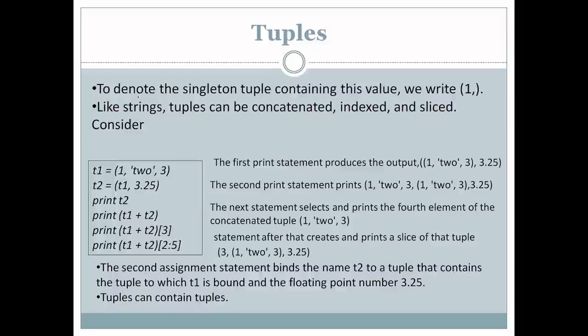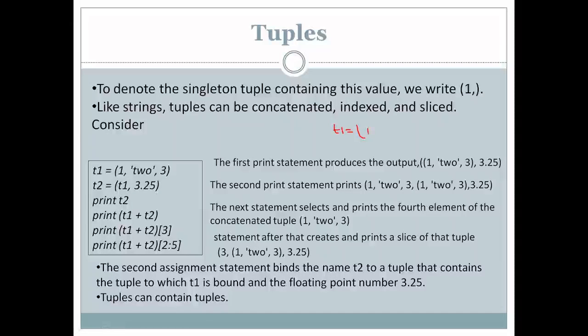In the last example, we have seen how to create an empty tuple without values. Suppose I want to create a tuple with a single value. You may say we can create it like t1 is equal to, in round brackets, 1.